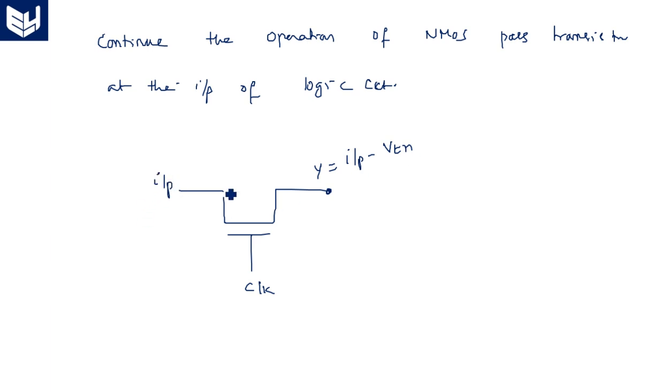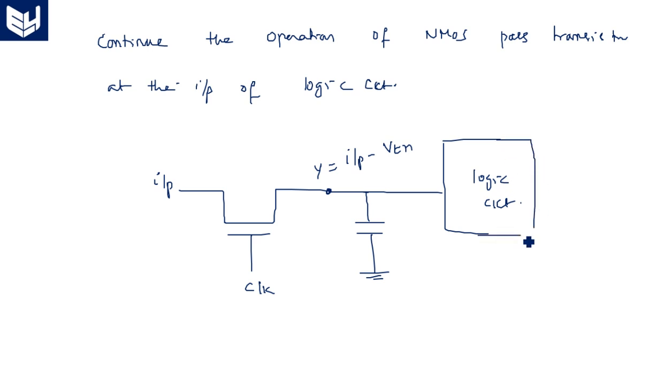Previously we have taken A, here it is now input, and here we have some input capacitance. This is the logic circuit. Whatever the logic circuit is, we don't bother about the circuit, but what input appears for the logic circuit is important.